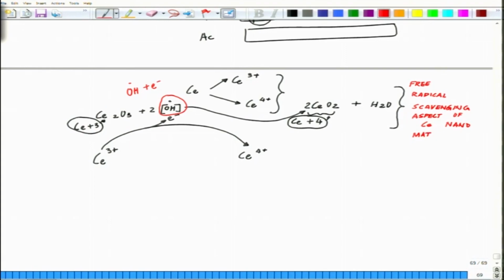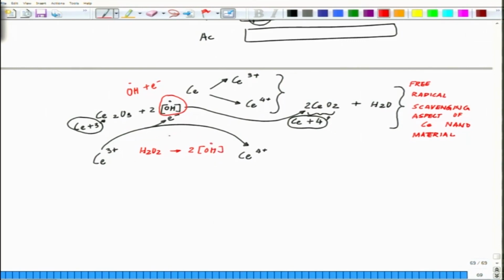Now, there is another set of surface reactions which happens, and that is what provoked Professor Hickman to suggest the other way around. If it is doing this free radical scavenging, let us highlight that part. H2O2, which is remaining in 2.